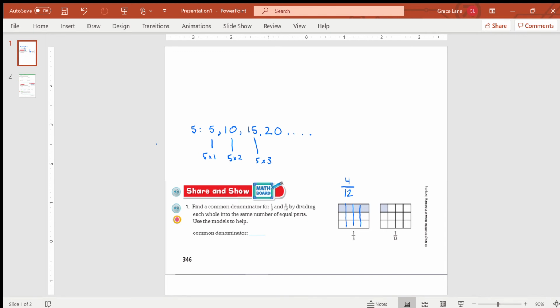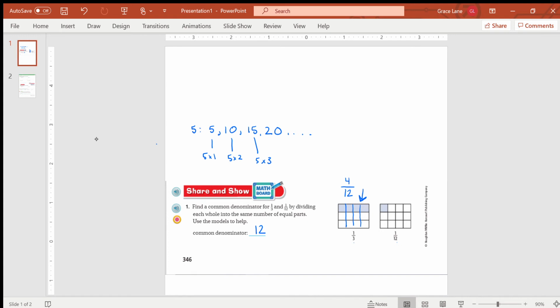And the reason that we use common denominators is it makes it easier to compare fractions, so that you can see right away that this fraction or this model shows more than the other model. And it's easiest to compare when the models are broken up into the same number of parts. So that was a long way to answer, but the common denominator here is 12. And if you think about it, these two numbers, 3 and 12, have a common multiple of 12.